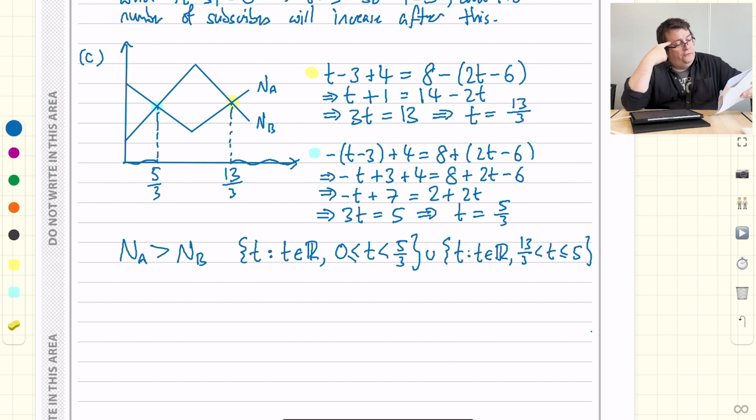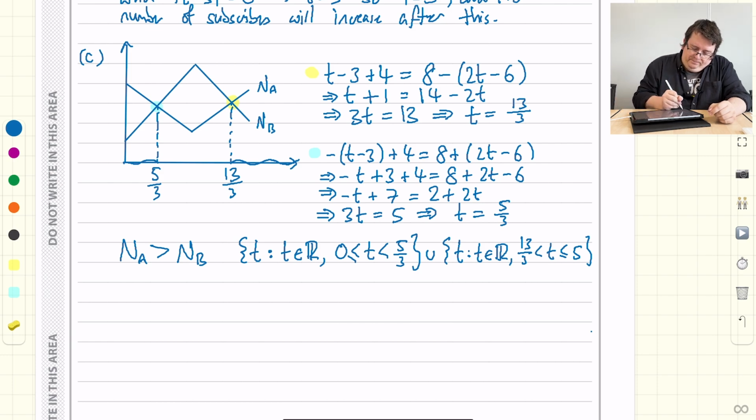Note that a lower bound for t is less than 5/3 and an upper bound for t is greater than 13/3 are not required, but may be included. Okay. Fine.